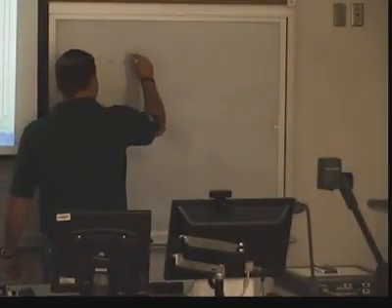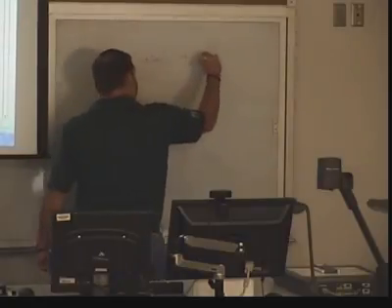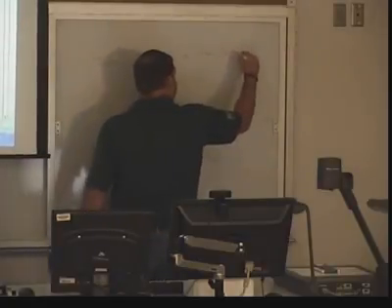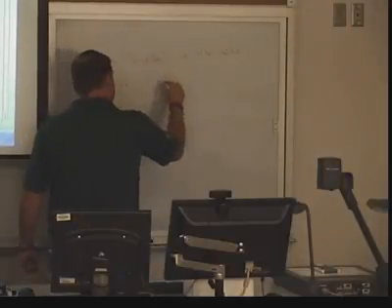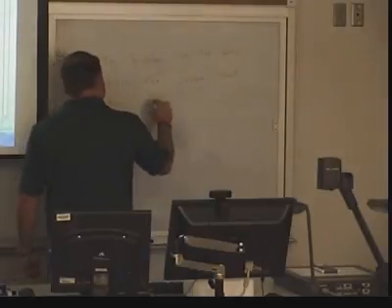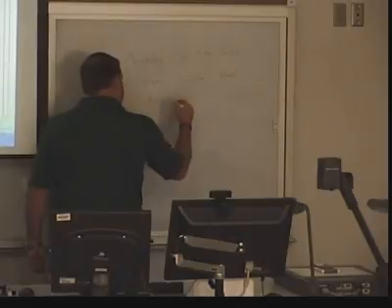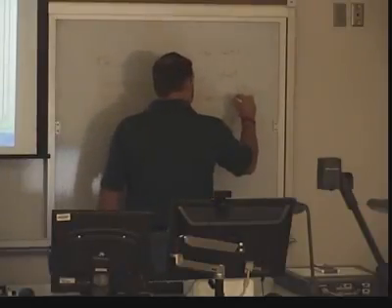So, the p-value is the area under the curve that lies beyond, so I say beyond because to the outside, the test statistic.